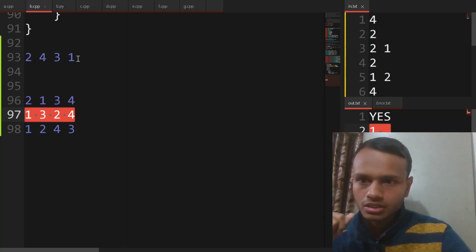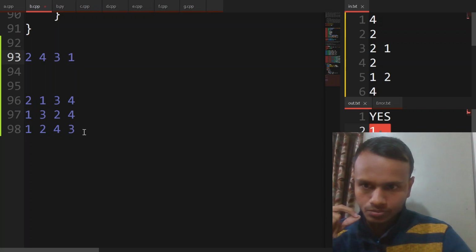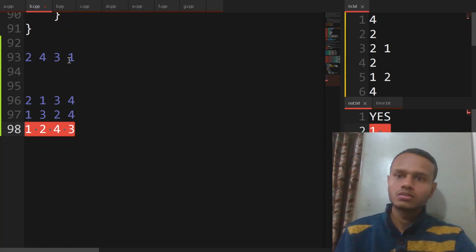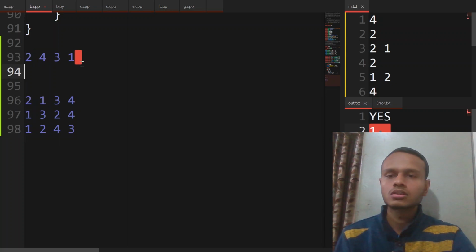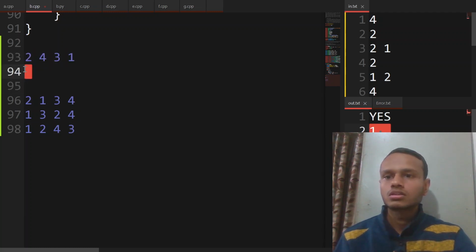For getting this array from this array, we need 1, 2 and 3 operations. For getting this array, I think for this case also we need 3 or 4 operations, but we cannot check for all the arrays.